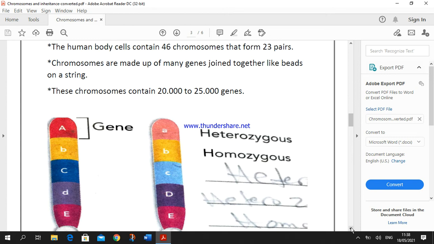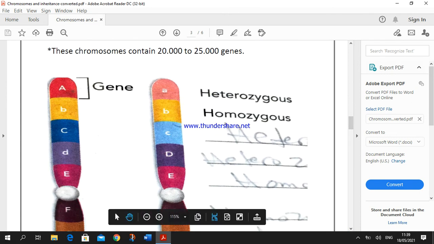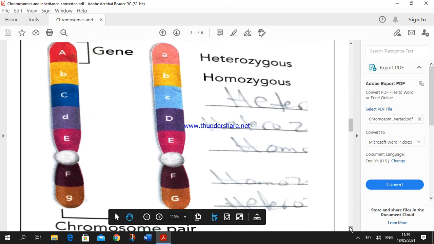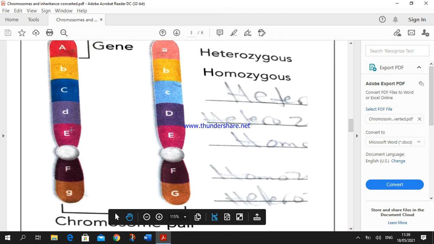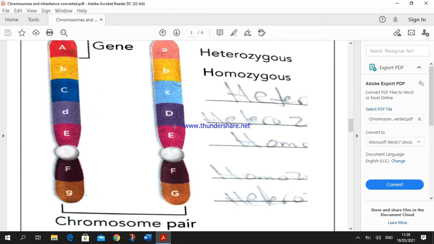This figure represents one pair of chromosomes, one coming from the male parent while the other comes from the female parent. And each chromosome has the same sequence of genes. The genes are lined up in the same order on both chromosomes, to help in the appearance of the trait.